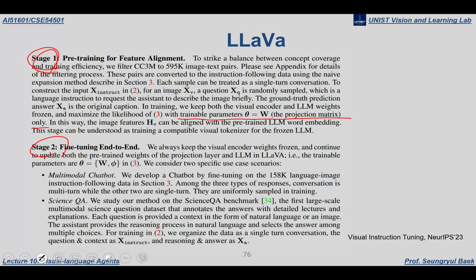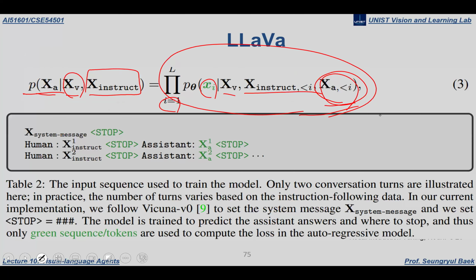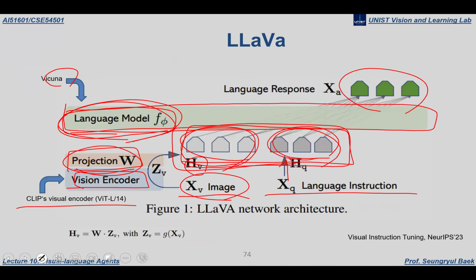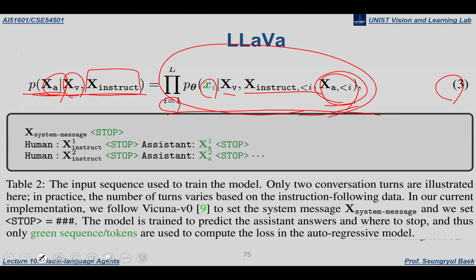They are using this equation three to find the answer for that i-th chat turn. In the first stage, they are training only the projection matrix. So how to convert this image feature to the prompt for the language model, they are training only that part in the first stage.